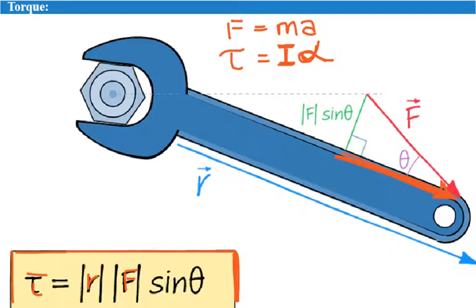But in our classroom, I want you to memorize a formula for a few inertias, and I'll show you later on in this video. So the torque is equal to, instead of mass times acceleration, inertia times angular acceleration, because torque causes an object to accelerate angularly.